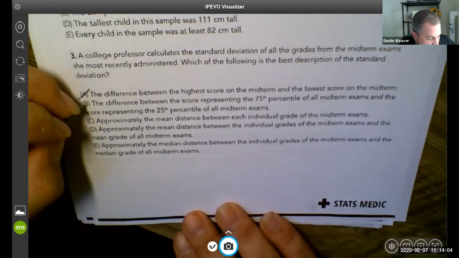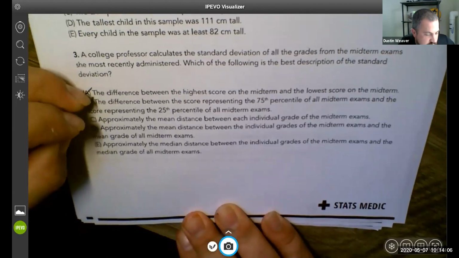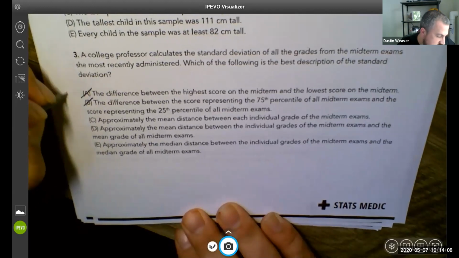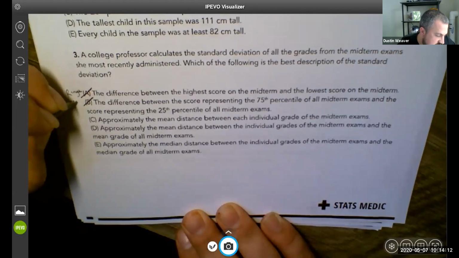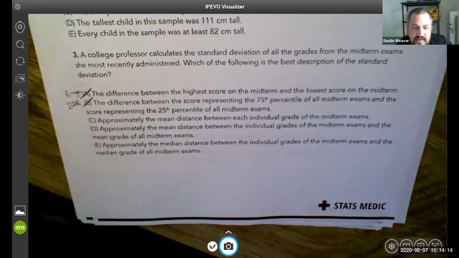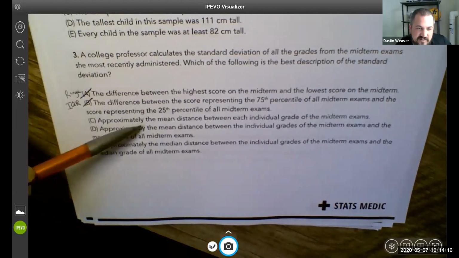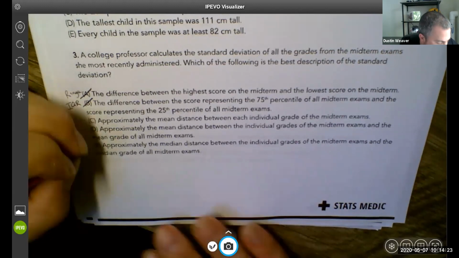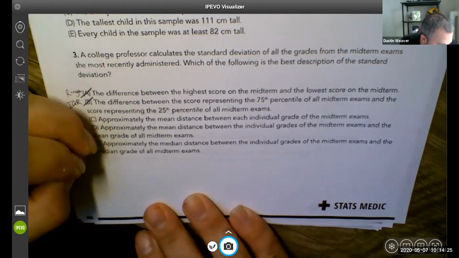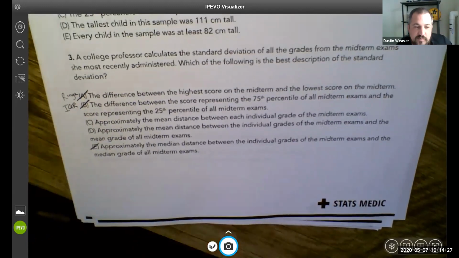Well, that would be your IQR, right? Q3 minus Q1. So A would be your range. That's the definition of range. B is the definition of IQR. So we look at C. C and D are very similar, approximately the mean. So we go down to E, it says the median distance. Well, we're never looking at the median distance between these. So we mark off E.